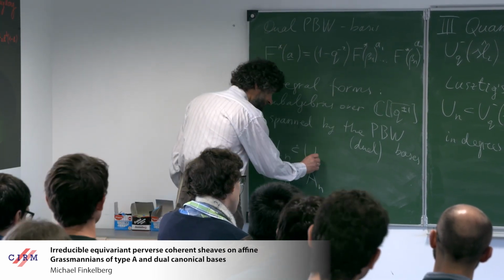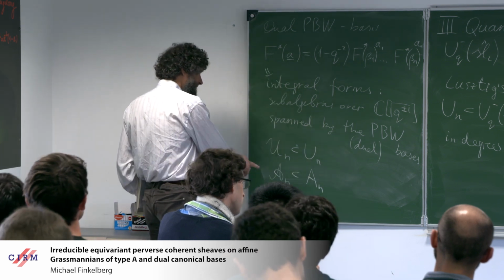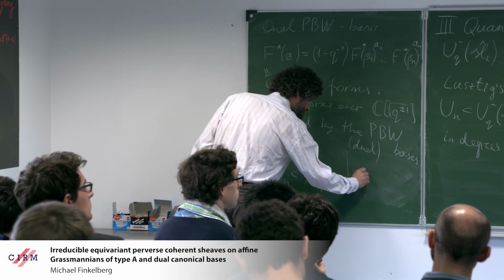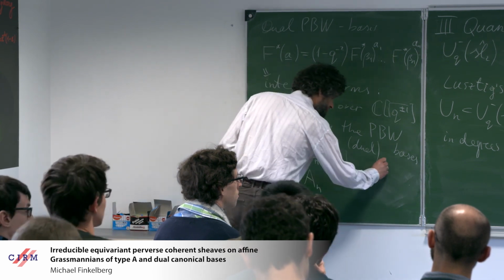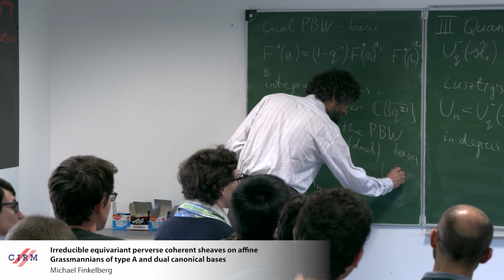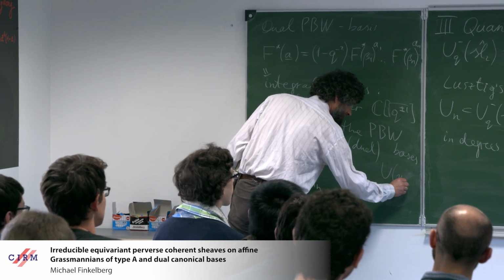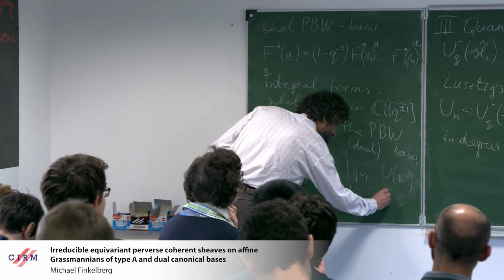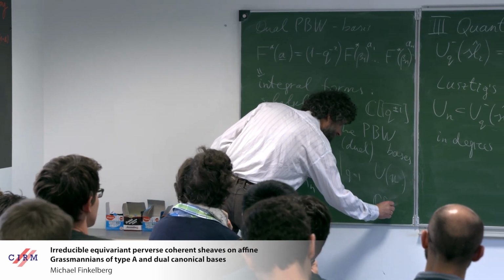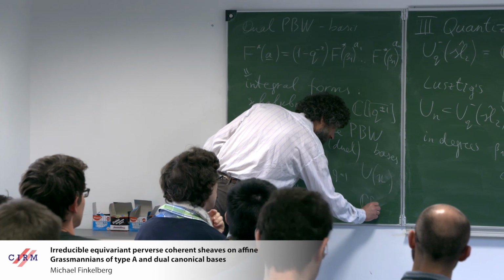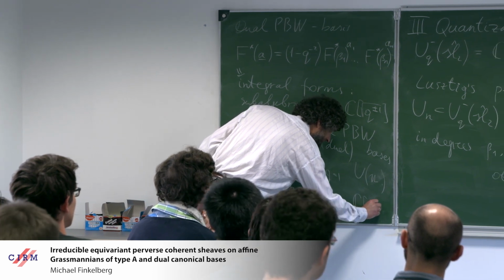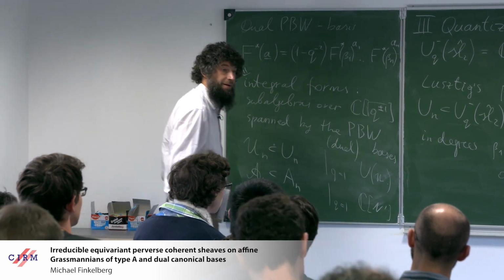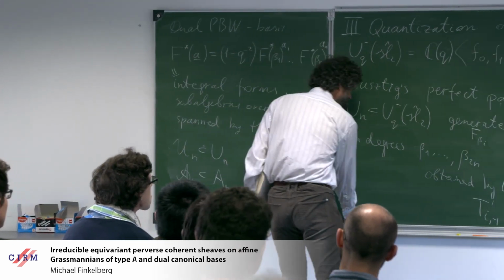And now I repeat that this algebra at q equals 1 becomes some universal enveloping subalgebra. And this algebra at q equals 1 becomes just the functions on some quotient group. Like this, so this becomes commutative when q is 1. Okay.